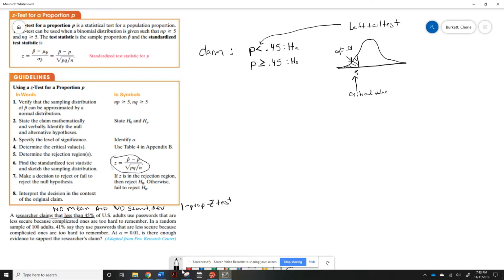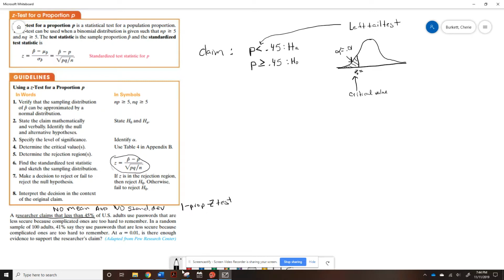You'll need to know that because that terminology is used in the in-class portion of the test. It gives you information like this, and it asks you to find the critical value. So be sure you understand what you're looking for when they ask you for the critical value. That's the z value that goes along with the given alpha. That's your critical value.